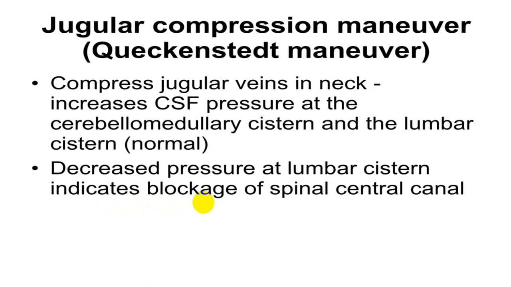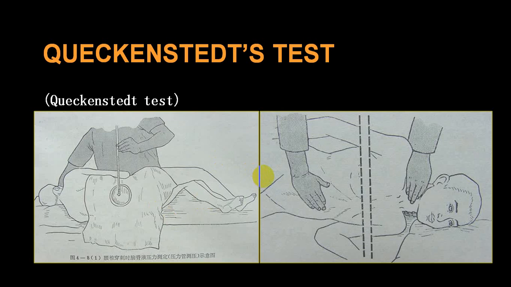And there is a good change on compression and comes back to normal on relieving the compression. It is normal space. There is no blockage in spinal canal. So this is how you compress either internal jugular vein or you can compress even an abdomen. But best is compression of the jugular vein and look at the rise in a CSF level in a manometer. That is Queckenstedt test.